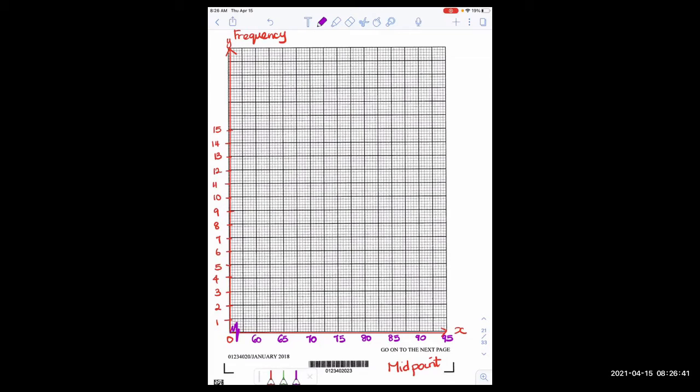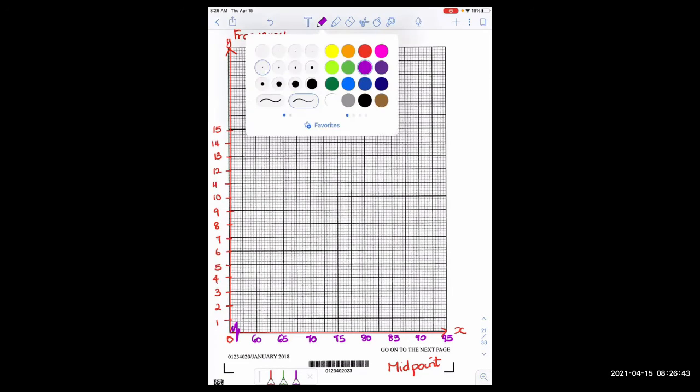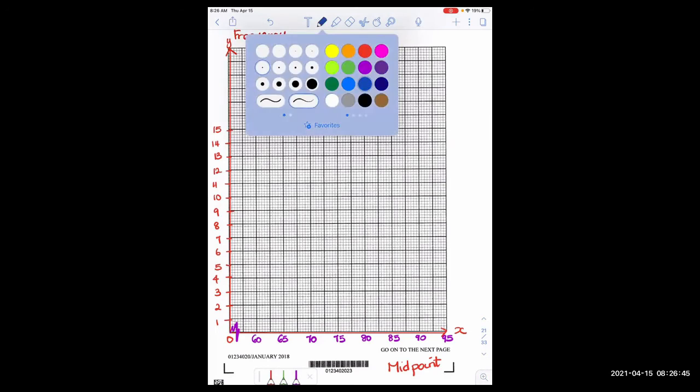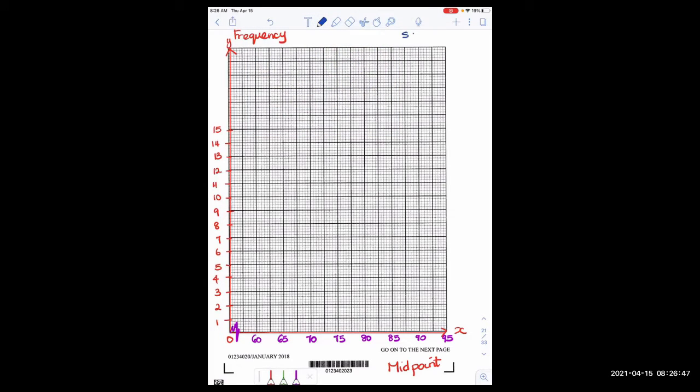Somewhere to the top right-hand corner, we want to indicate the scale that was used. So the scale on the x-axis, 2 cm is equal to 5 units.